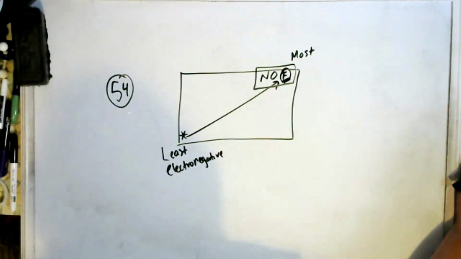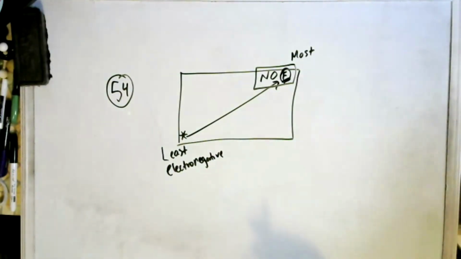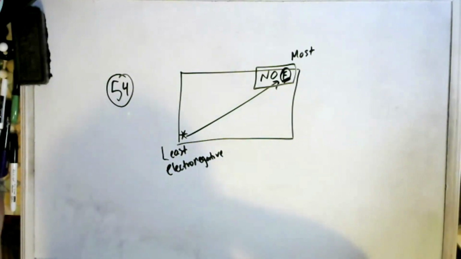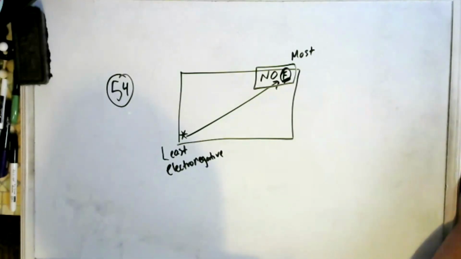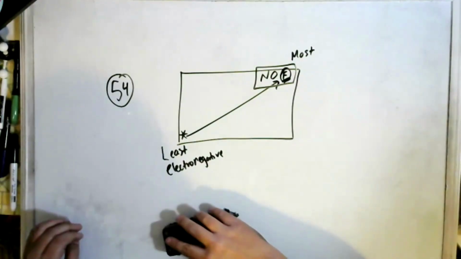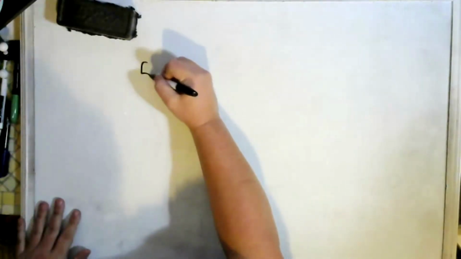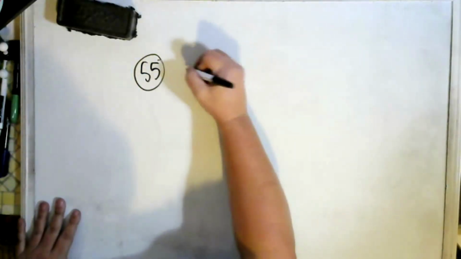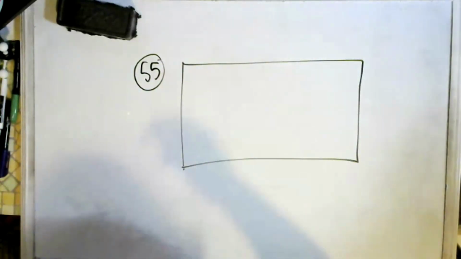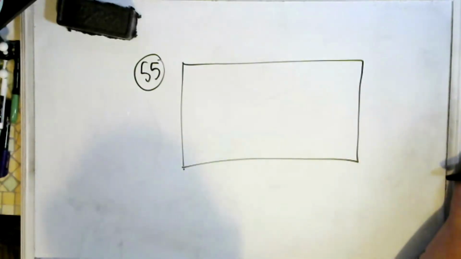And then our next one is, which is the least electronegative. Let's break down the trend a little bit more. I'm going to rewrite this box. Number 55. Because fluorine is not on this list, we have to think about it a little bit differently.